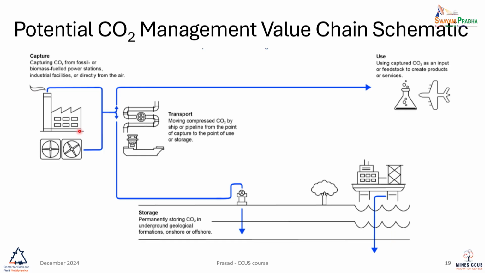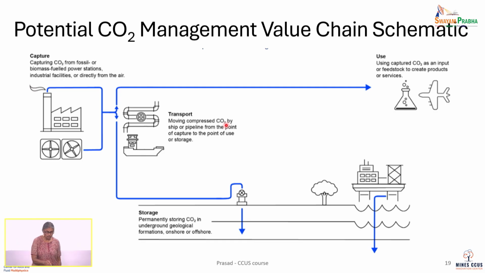So when we are designing all of this, we have a capture plant out here. And we need to have some sort of a transport mechanism. This can be by way of pipeline. It can be by way of a compressed gas, either in liquid state, supercritical state, in some cases solid state. And the transport can be either through pipeline or by road or in ships.